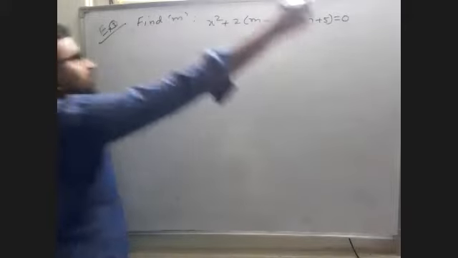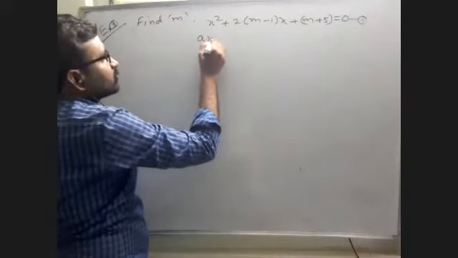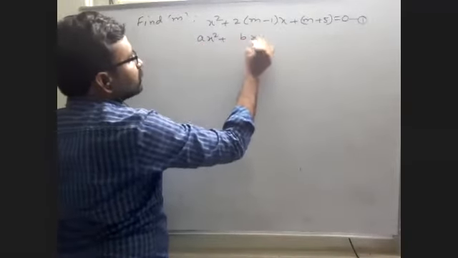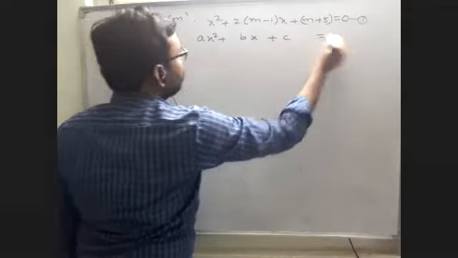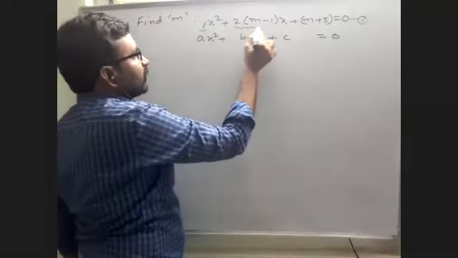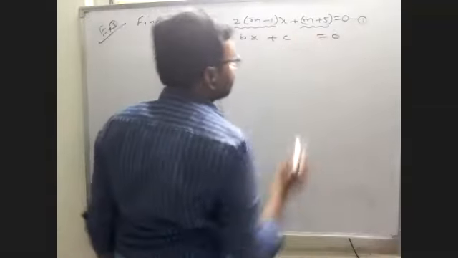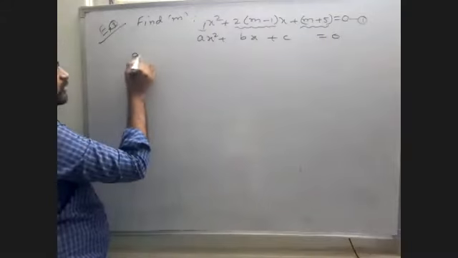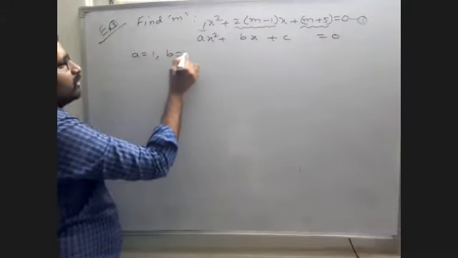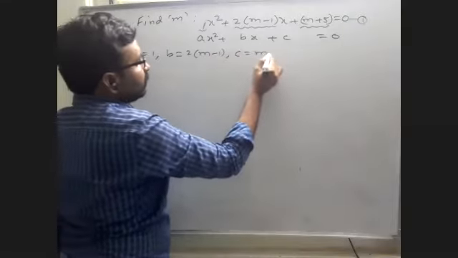See, this is equation number 1, which is in the form of ax square plus bx plus c is equal to 0, where the coefficient of x square is a, the coefficient of x is b and the constant is c. So I am writing a value is 1, b value is 2 into m minus 1, c value is m plus 5.